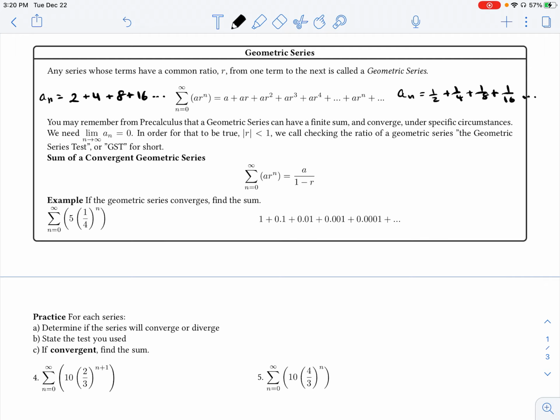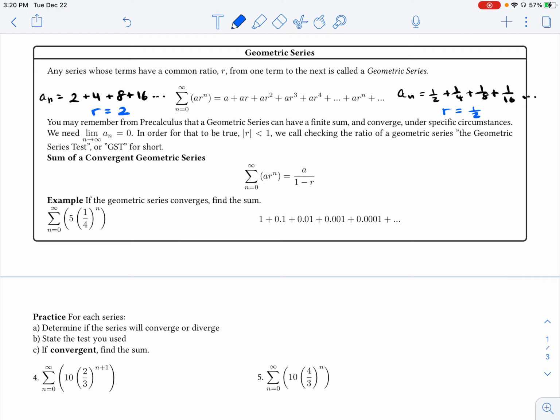Well, what's the difference? How come one geometric series had a finite sum and another geometric series didn't? Well, it all boils down to what the R value is, or what your common ratio is for the series. Here we see that our common ratio is equal to 2. Here, in this next series, we saw that our common ratio was equal to 1/2. We're multiplying by 1/2 every single time to get the next term.